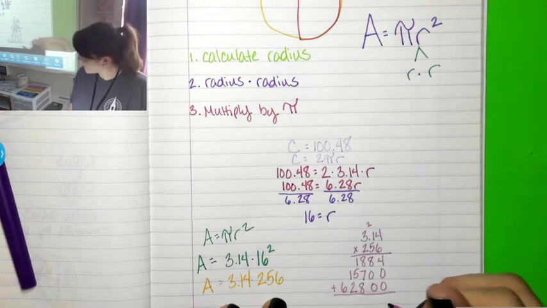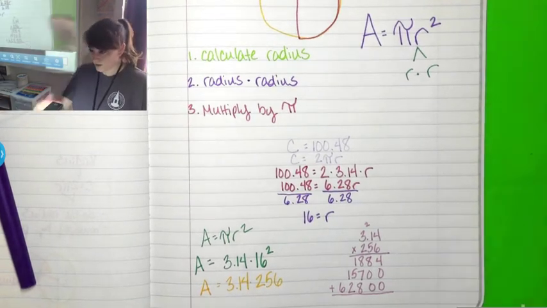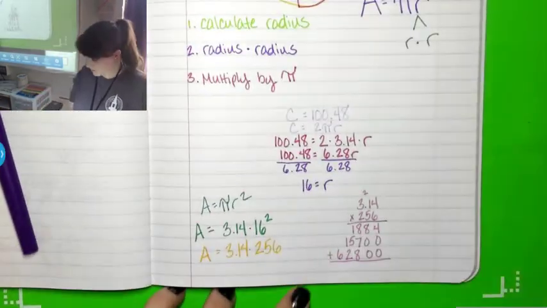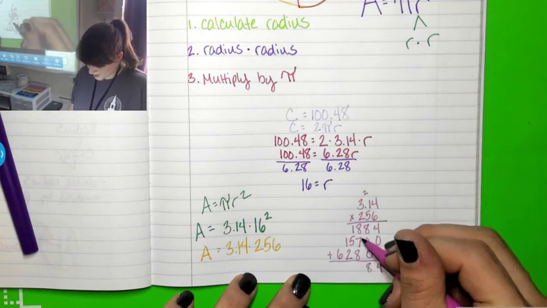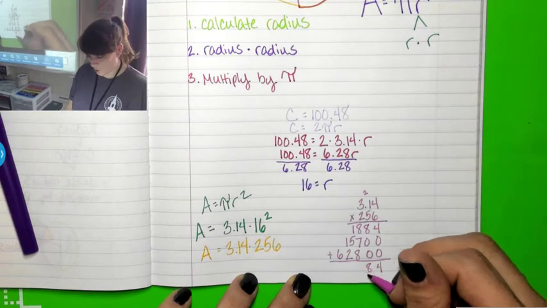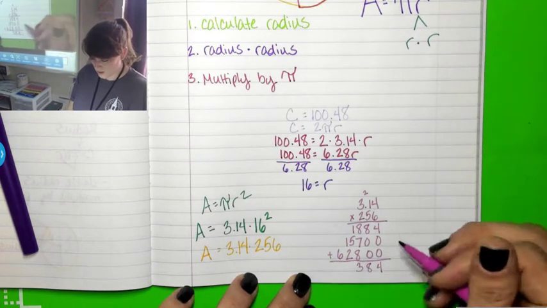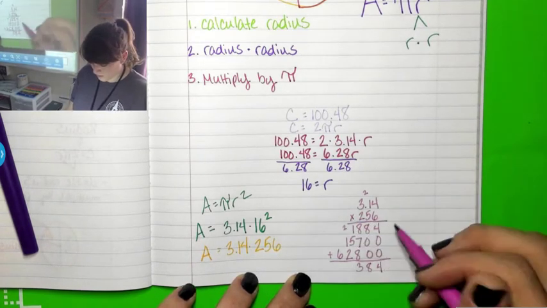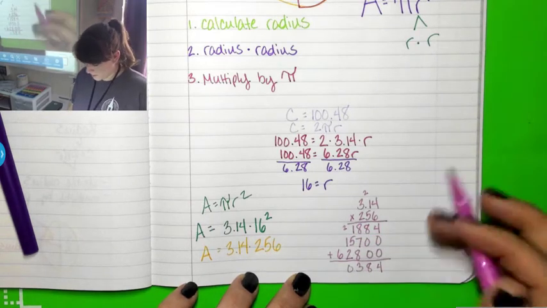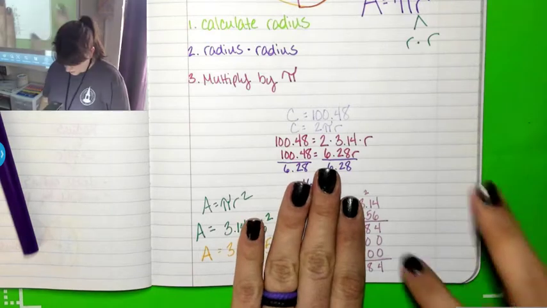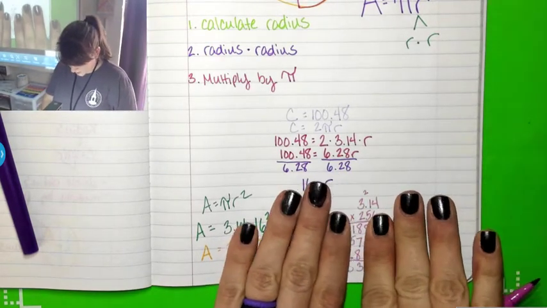Add it all up. 4, 8, 16 plus 7 is 23. I'm getting off somewhere.